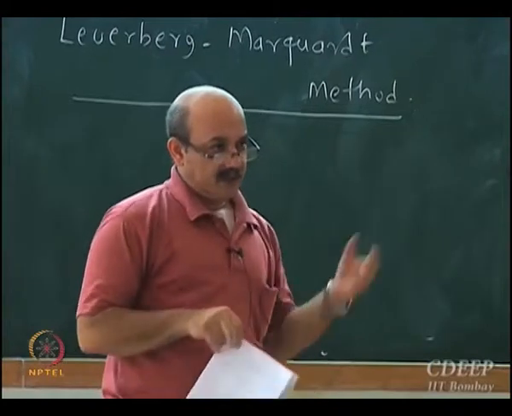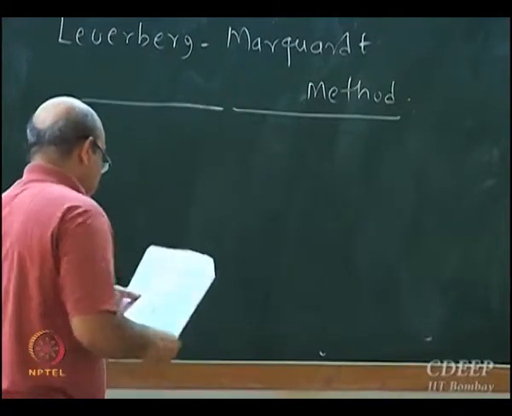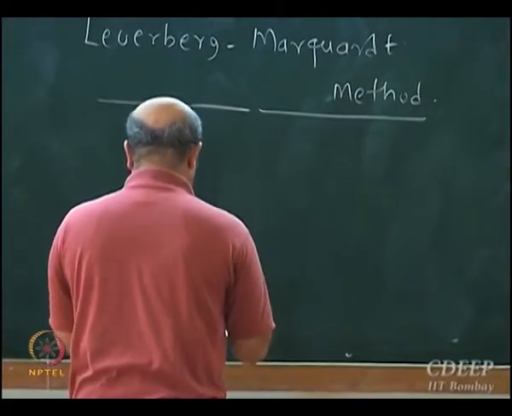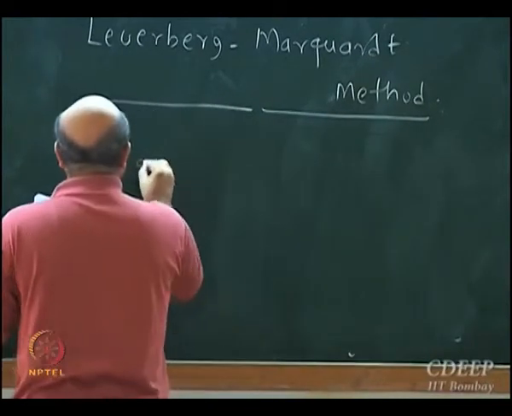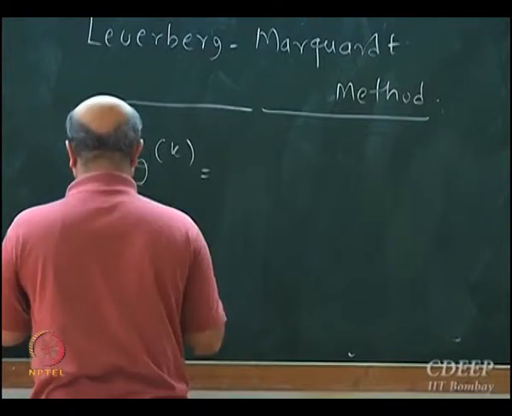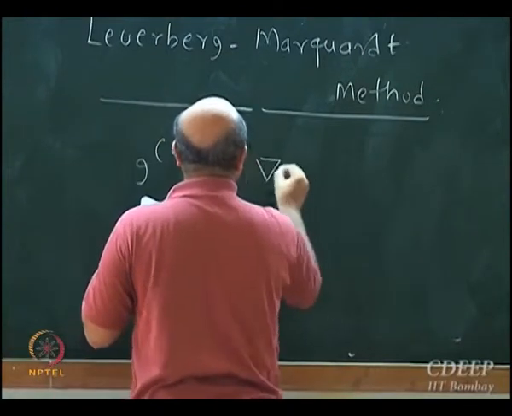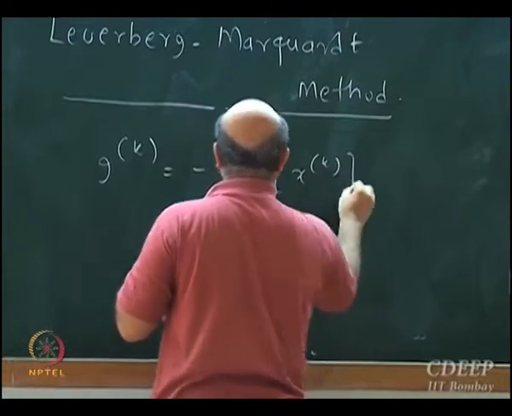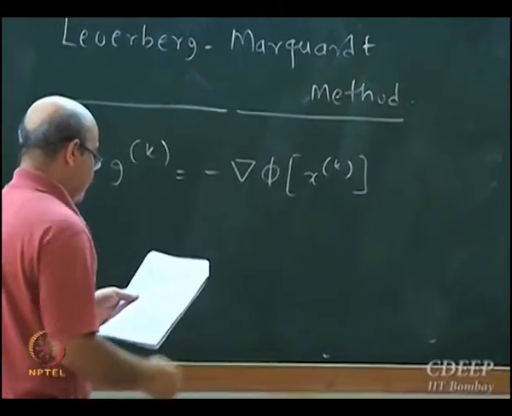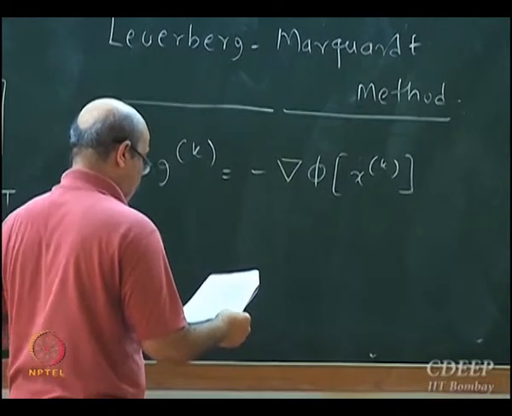I am just going to give the philosophy, I am not going to get into details. What you do here is you have this gradient direction, which is minus the gradient.